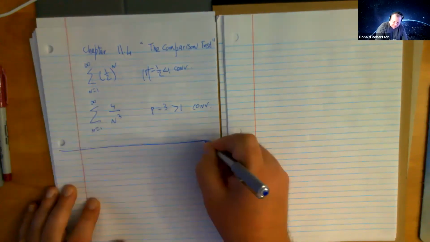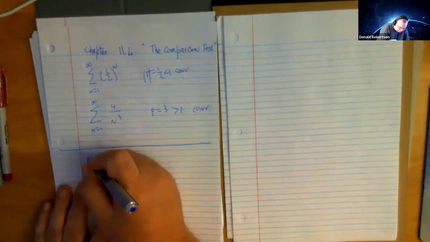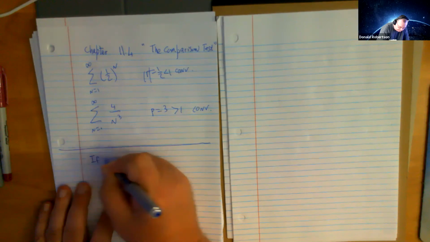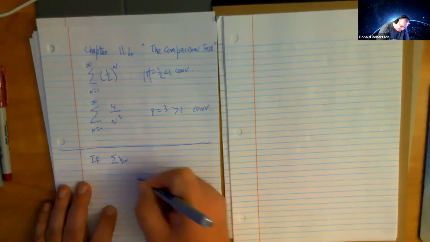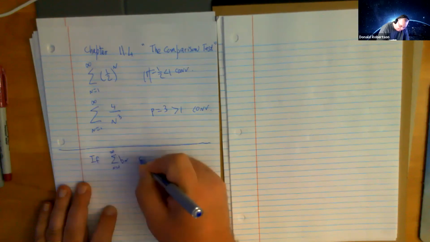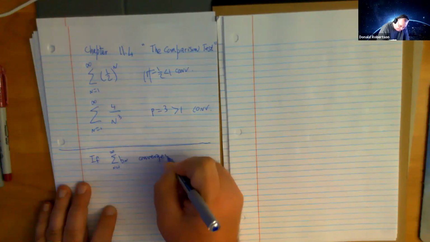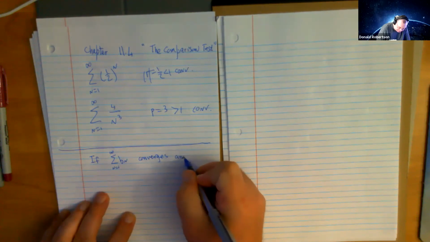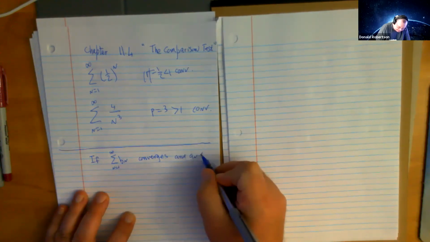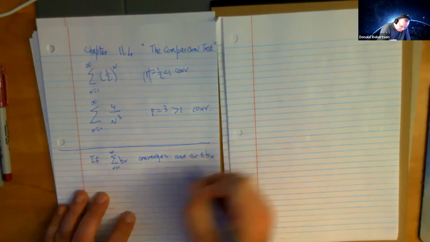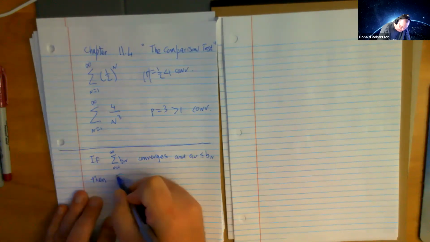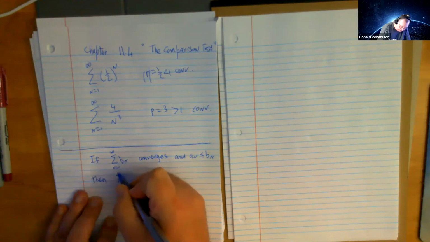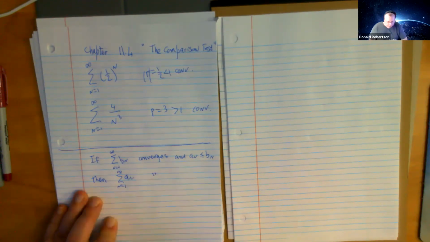Okay, so this is the formal definition. Suppose we have, and it'll probably be one of these two, right? Suppose sigma Bn converges and An is always less than or equal to Bn, then your guy also converges.